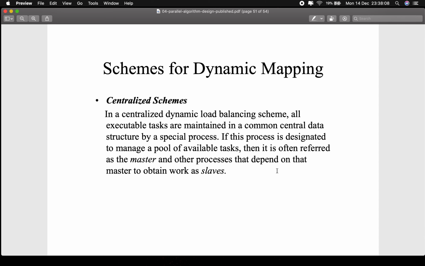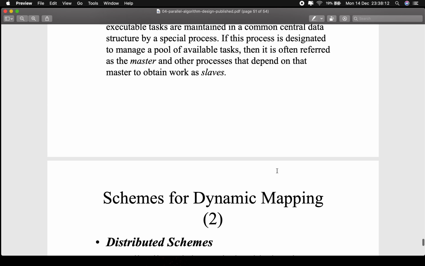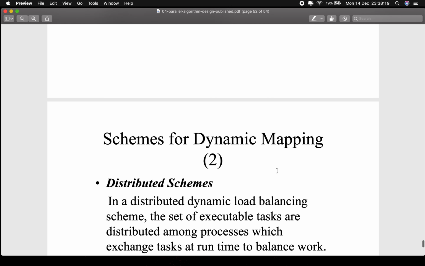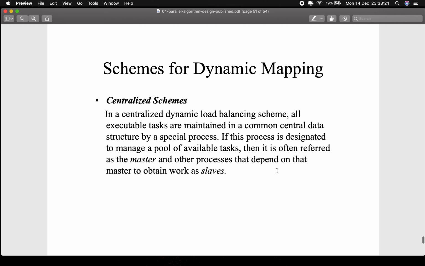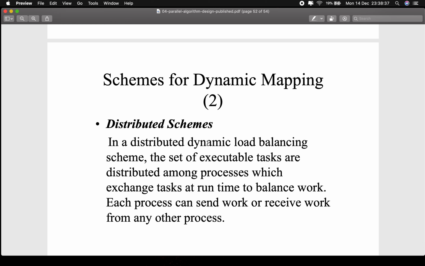Then under the scheme of dynamic mapping, you can see there is the centralized scheme and the distributed scheme. For centralized dynamic, which is a load balance scheme, the keyword is designed to manage a pool of available tasks.